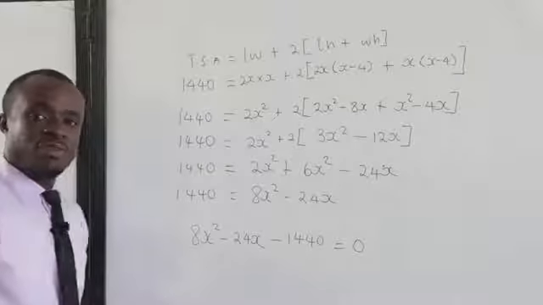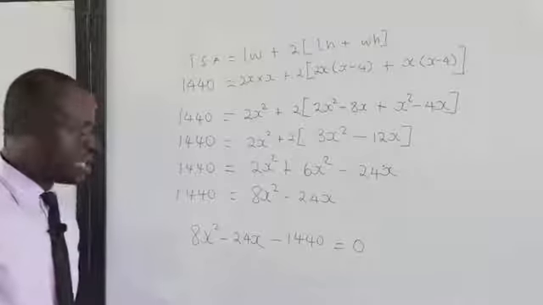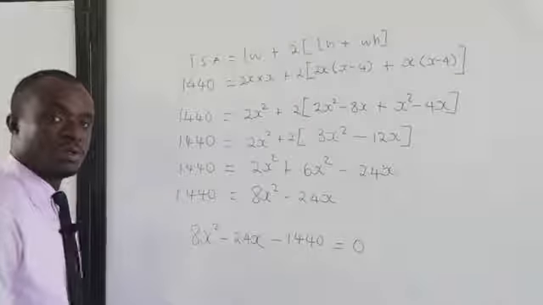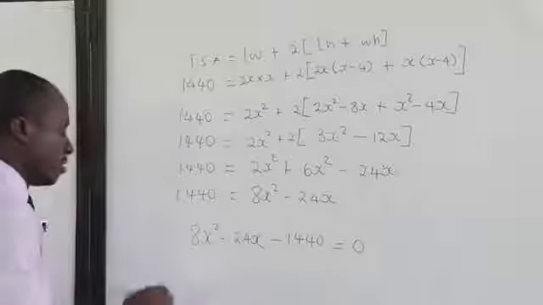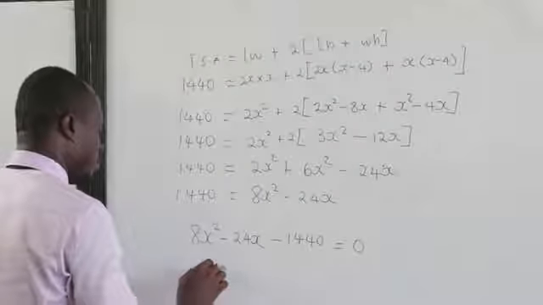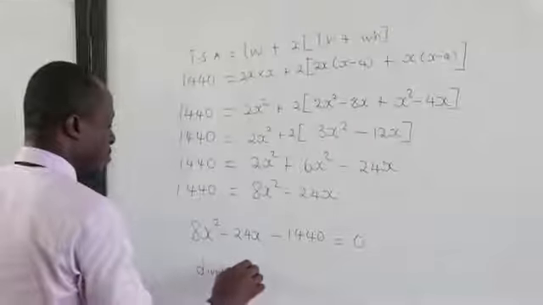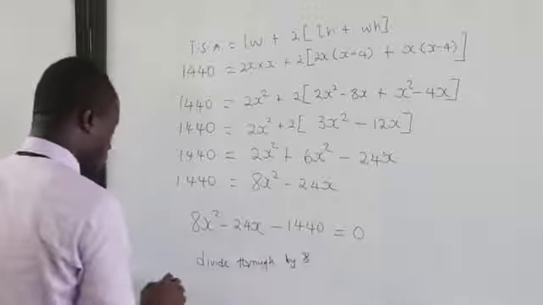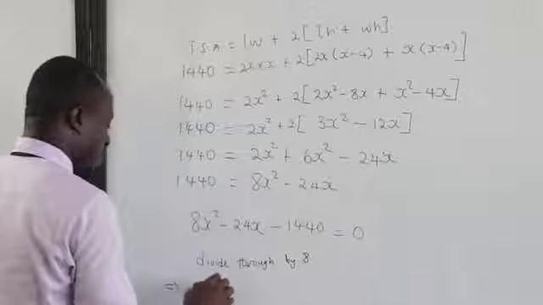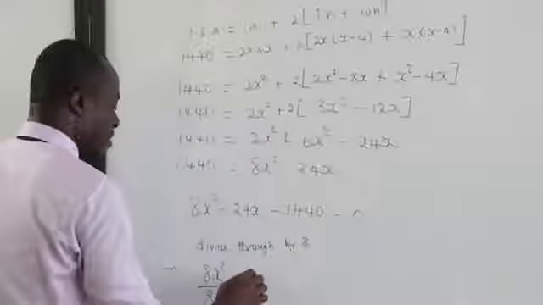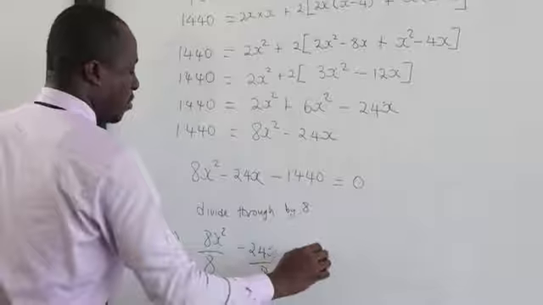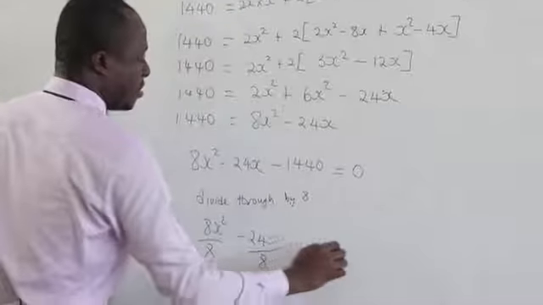Clearly I can divide through by what is multiplying the x squared, 8, because 8 is a factor of 24 and also of 1,440. So we divide through by 8. And this implies we have 8x squared over 8 minus 24x over 8 minus 1,440 over 8 equal to 0.